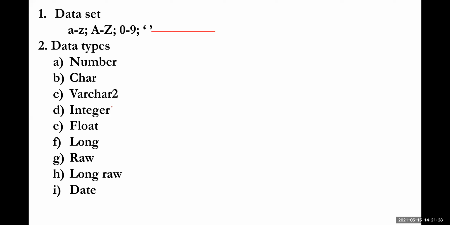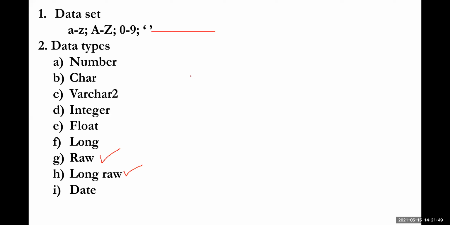However, the raw and the long raw, these two are also not going to be shown in this particular lecture, because raw and long raw are always used to specify binary data.